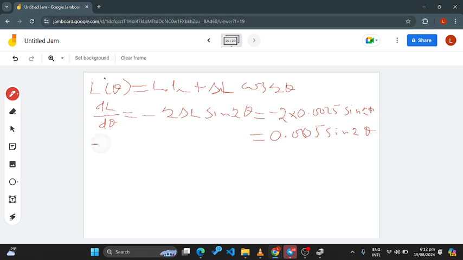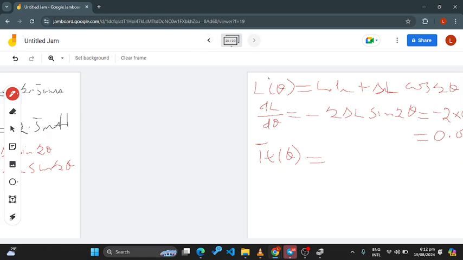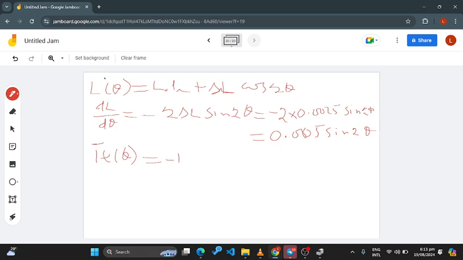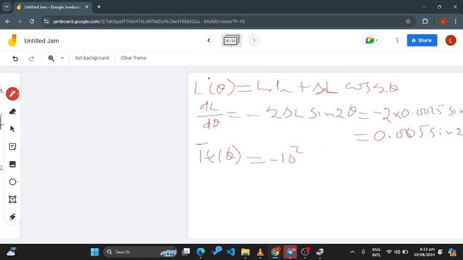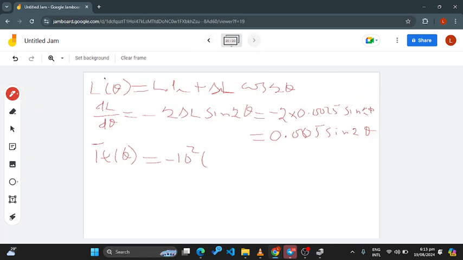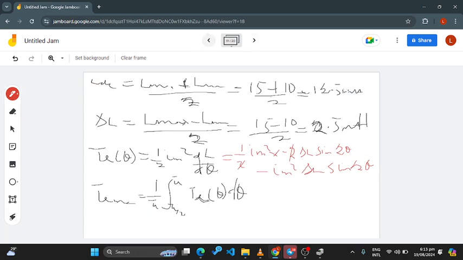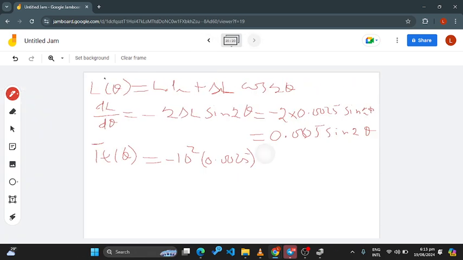So then our T_e of theta should be equal to minus i_m squared, so that will be minus 10 squared, change in L, that's times 0.0025, then sine 2 theta.